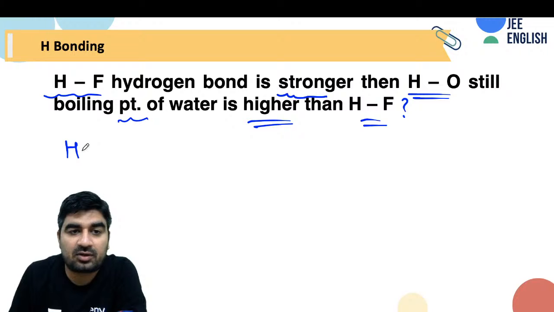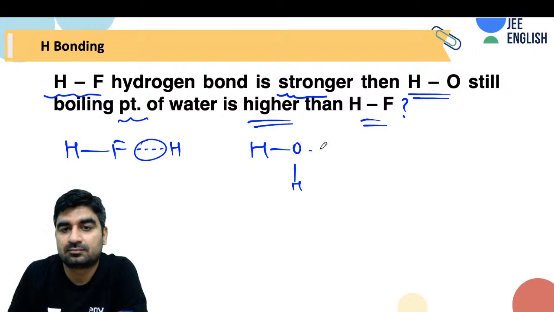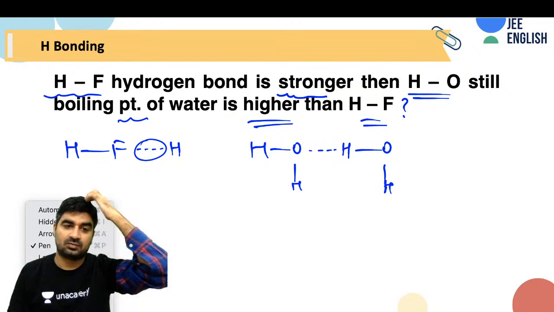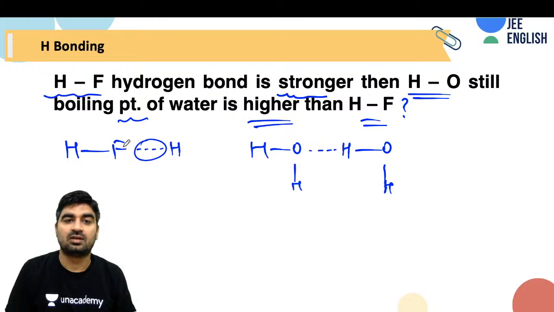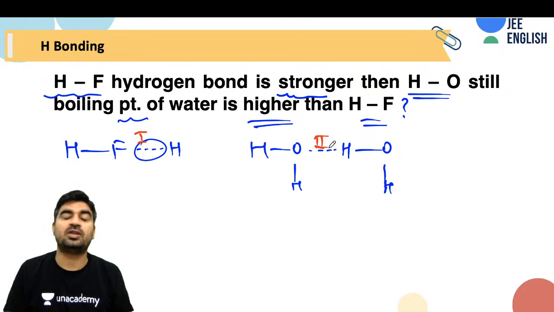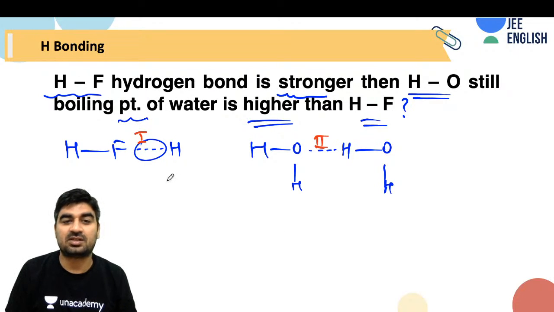Because we have already done this and this. Which bond will be stronger? This is 1. This is 2. So which bond will be stronger, 1 or 2? 1 is stronger strength wise.